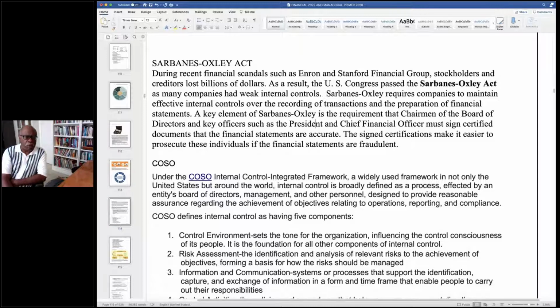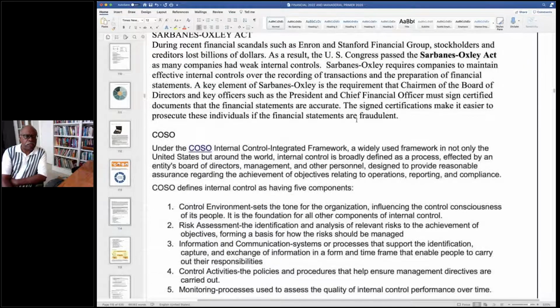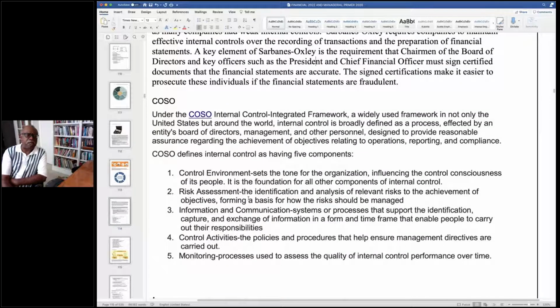So what we were looking at in this chart is the COSO Internal Control Integrated Framework. And this is a widely used framework, and we've talked about the control environment, risk assessment, information, control activities, and monitoring. And so a key thing is having a control environment.